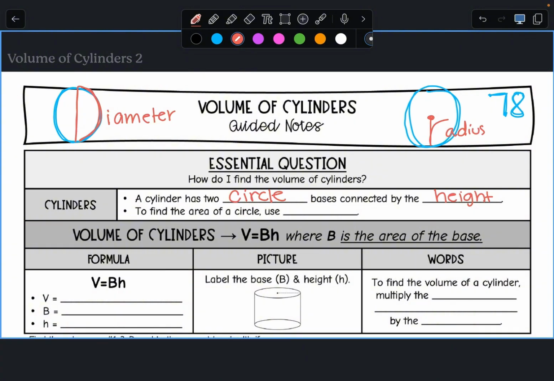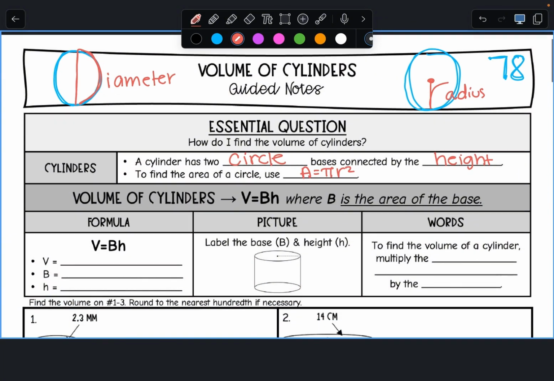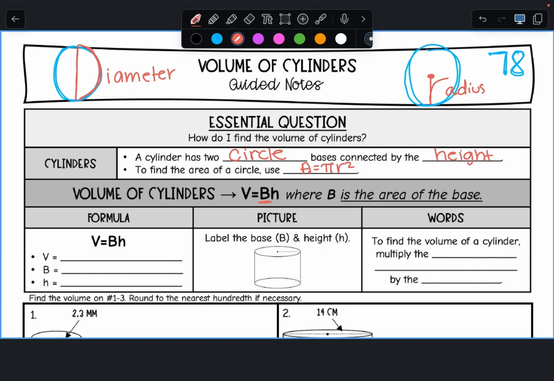To find the area of a circle, because we need a big B, area of a circle is pi r squared. The volume of a cylinder, we've talked about big B, or the letter is capitalized because it means more than just one number.